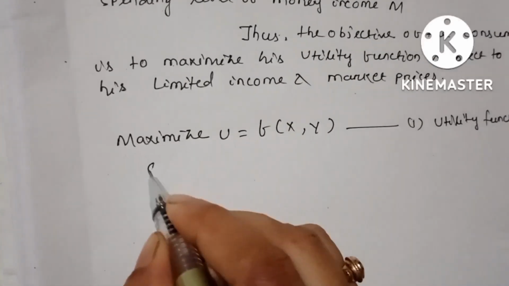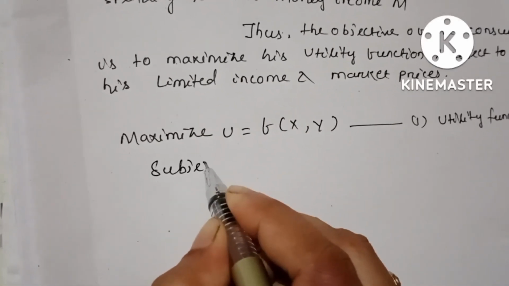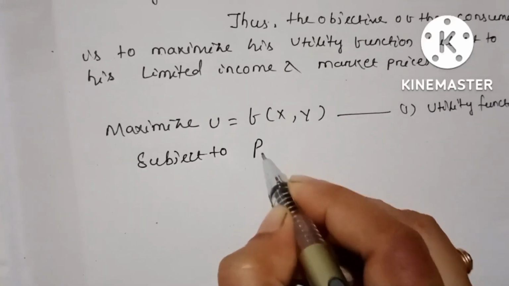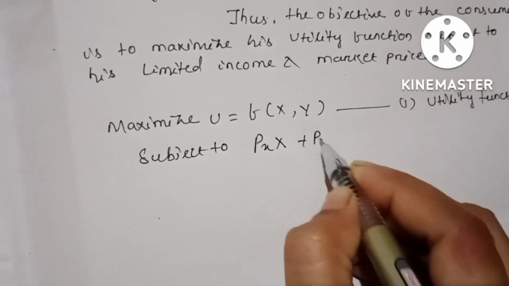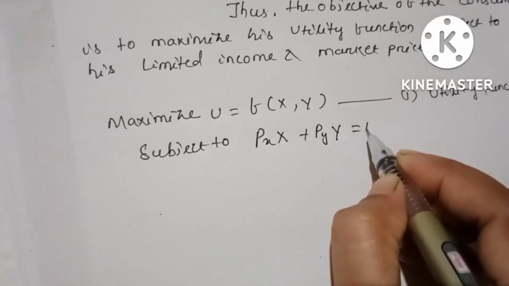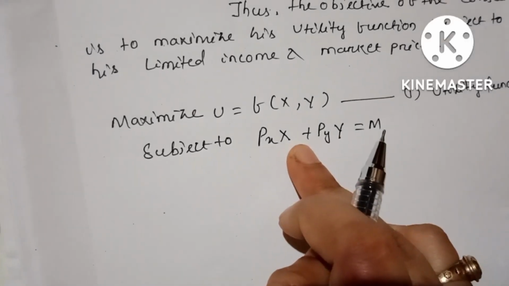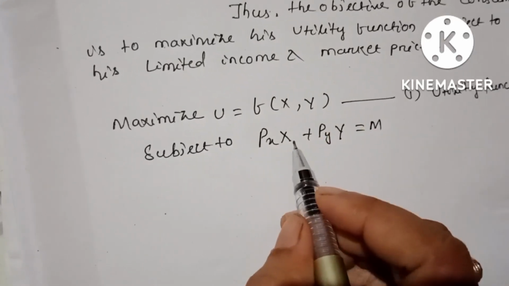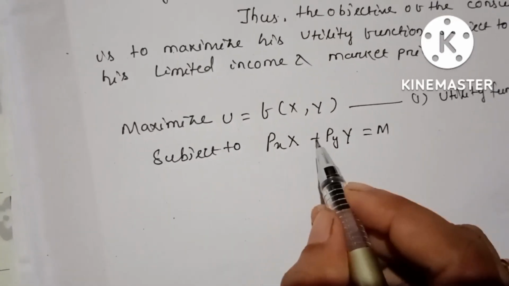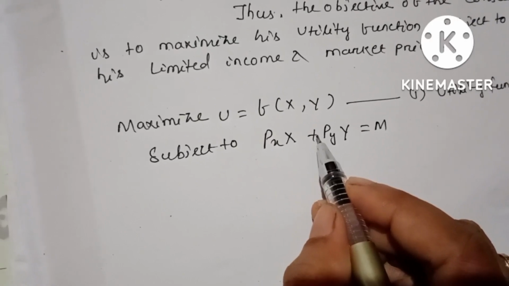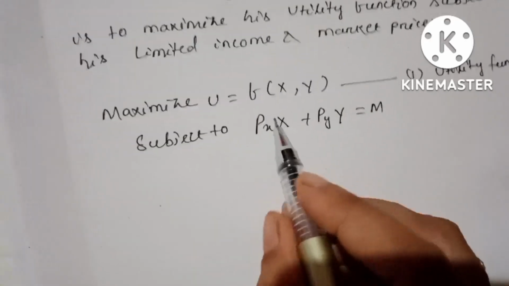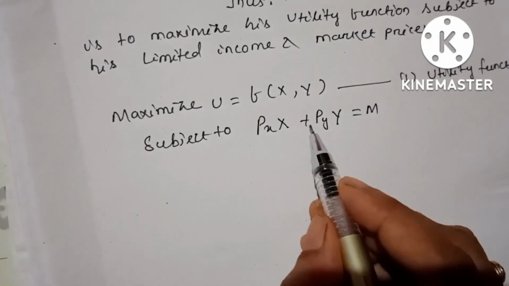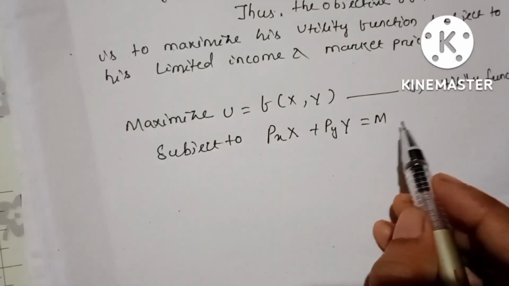And subject to pxx plus pyy equal to m, which is your budget constraint, because income is limited and he is not able to purchase unlimited amounts of the commodity. So the consumer's budget constraint can be given as pxx plus pyy equal to m.